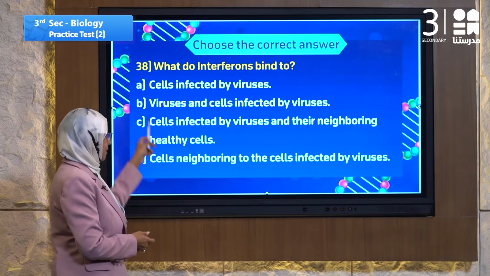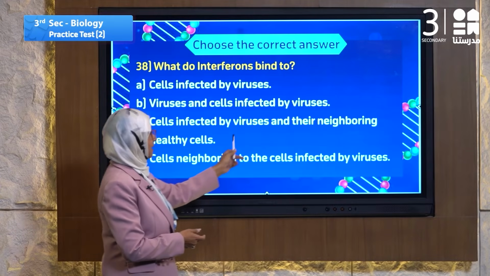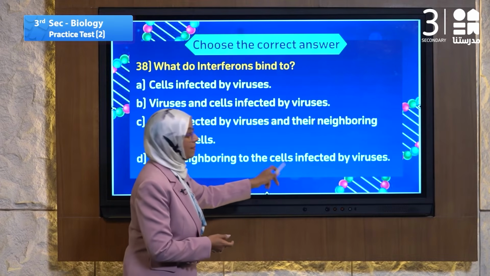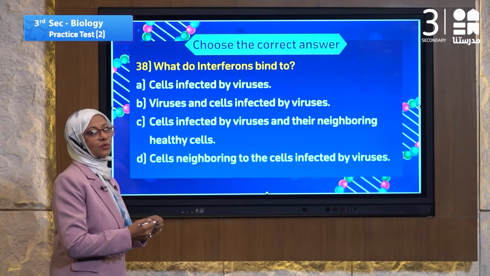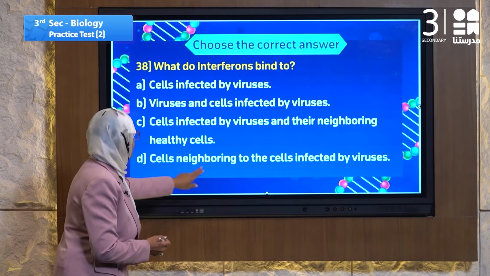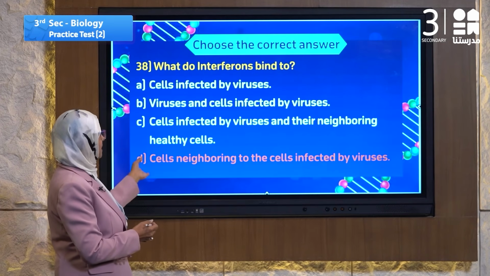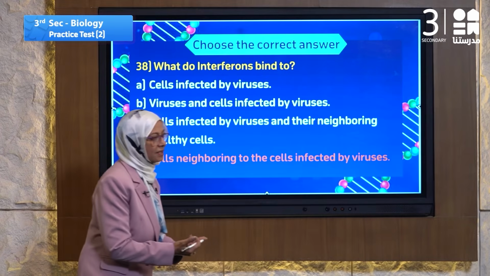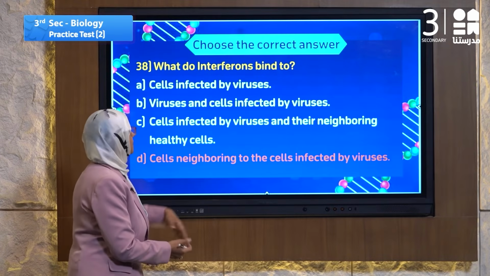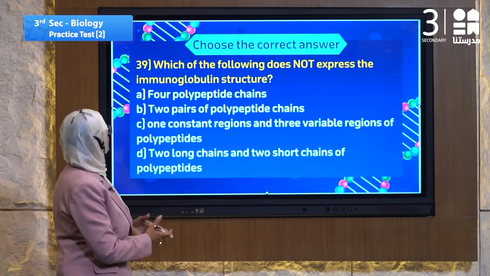Interferons help the cells neighboring the infected cells to become immune. So the answer will be D, cells neighboring the cells infected by the virus. This is the answer.